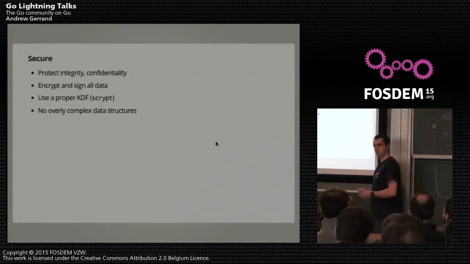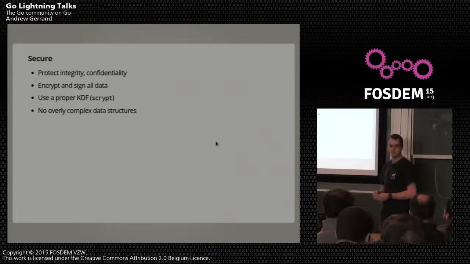I chose scrypt in this case to derive AES keys from a password. And I would like to not have any overly complex data structures, because in the disaster case, when I need to restore something and there is a bug in a program, I would like to be able to get my files out of there without the original program. So it should be as simple as possible.